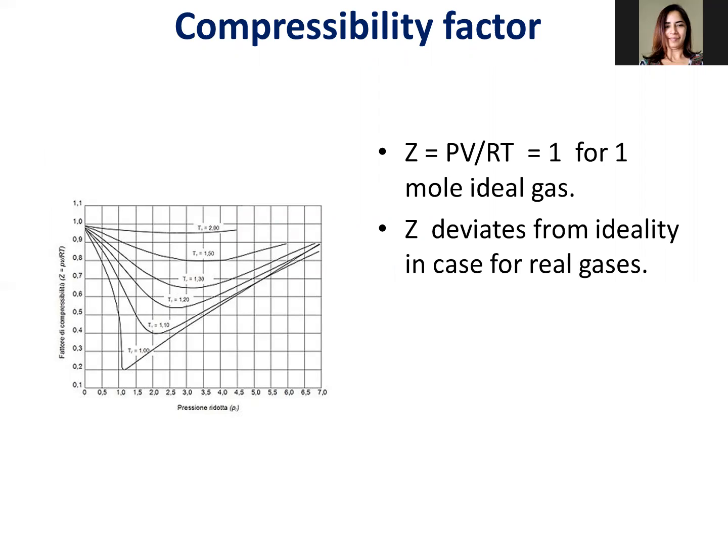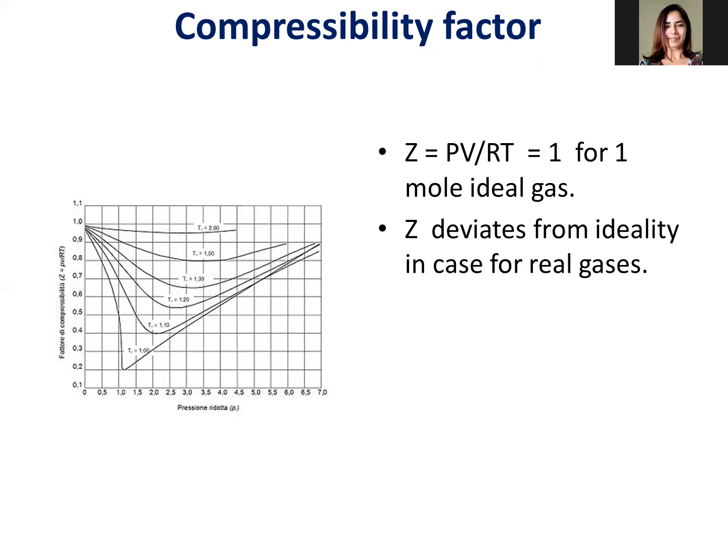The value of the compressibility factor deviates from 1 if the same is calculated for real gases. Thus, the compressibility factor for real gases deviates from 1.